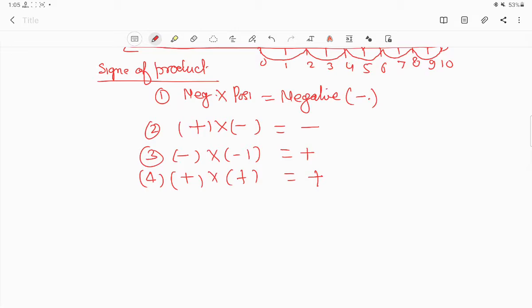If you multiply different signs, one negative, one positive, then the sign of the product is negative. In general, if all signs are positive, the sign of the product is also positive. But if there is an even number of negative signs, the sign of the product is positive. If there is an odd number of negative signs, the sign of the product is negative.